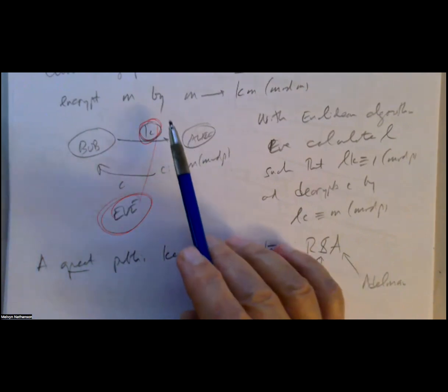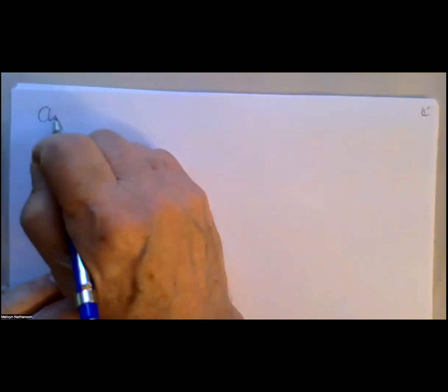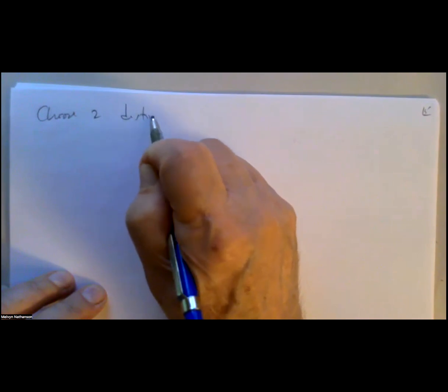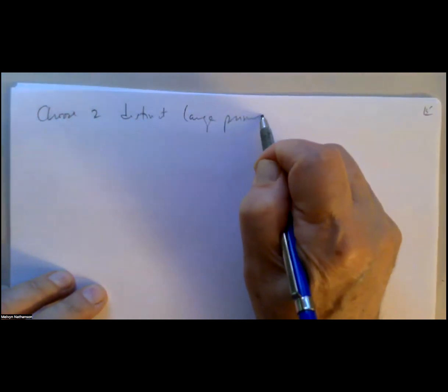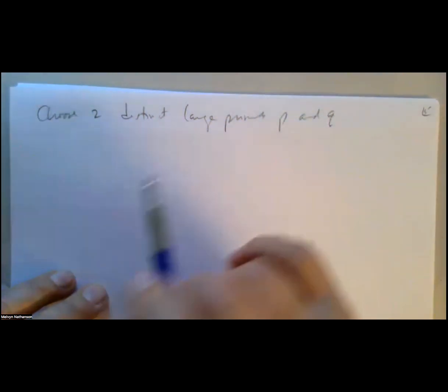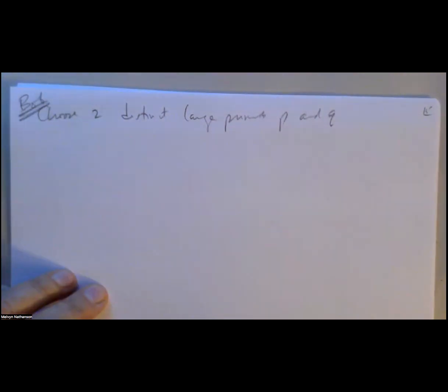In the bad system, we chose a large prime P. In the good system, all we do is choose 2 primes. So choose 2 different large primes, P and Q. This is what Bob does.